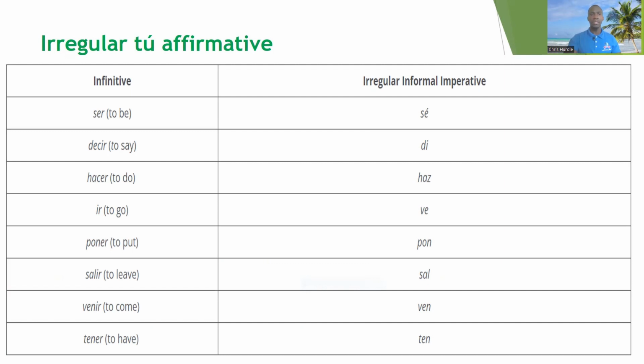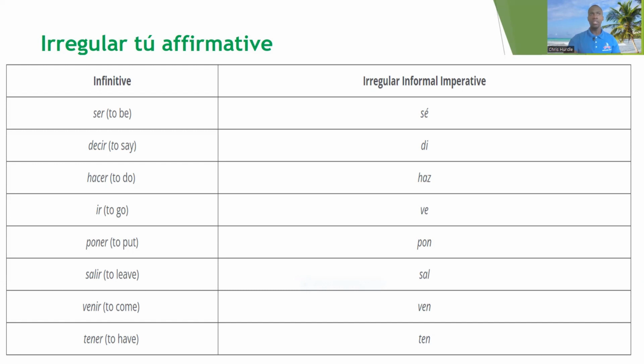So we have sé, di, haz, ve, ven, sal, pon, ten. So if we want to tell someone to do something, we don't say hace, because remember that's the third person singular present tense conjugation. No, that would be wrong. It's haz. So these are ones you will have to learn by heart.